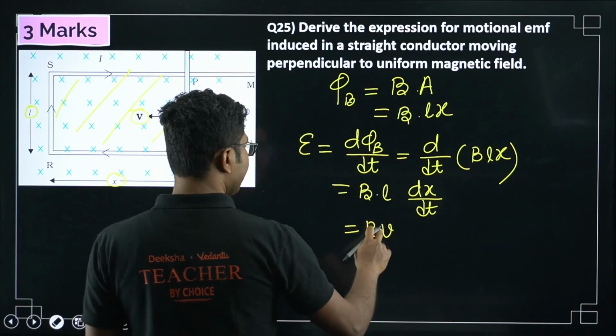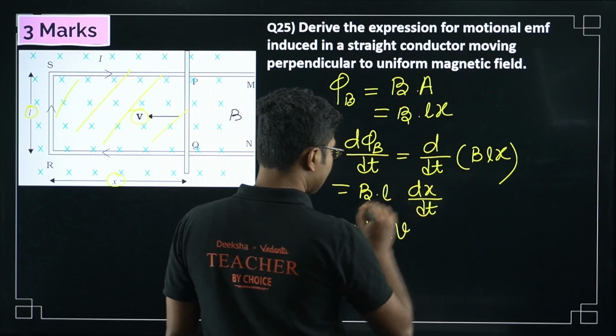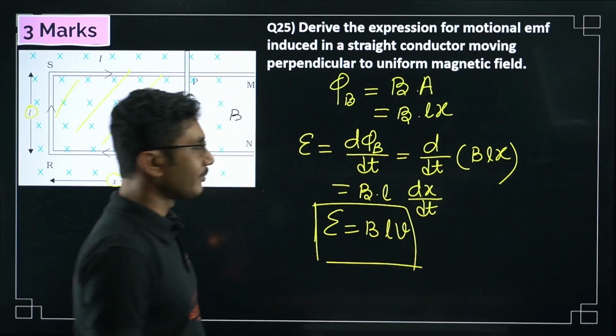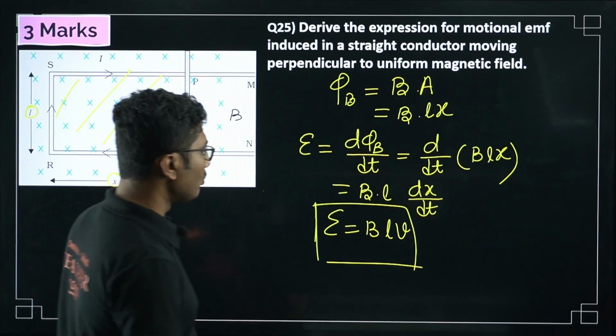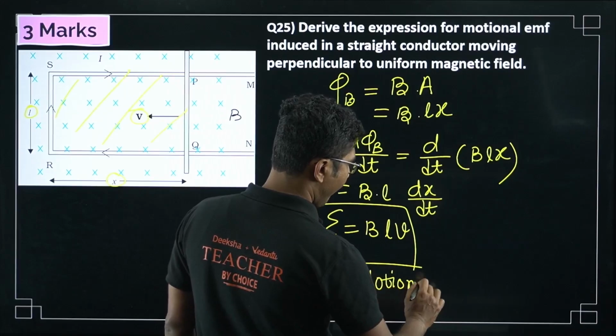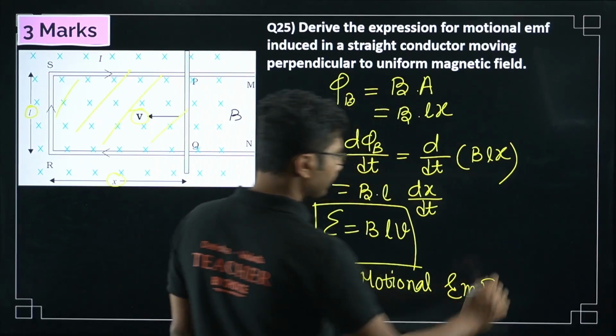So the induced EMF is BLv. This is the magnitude of the induced EMF, also called motional EMF.